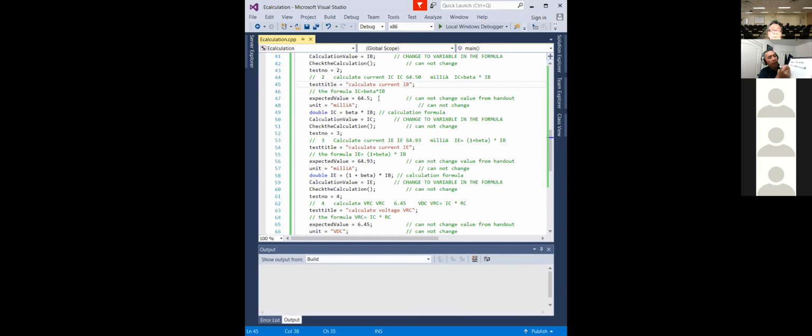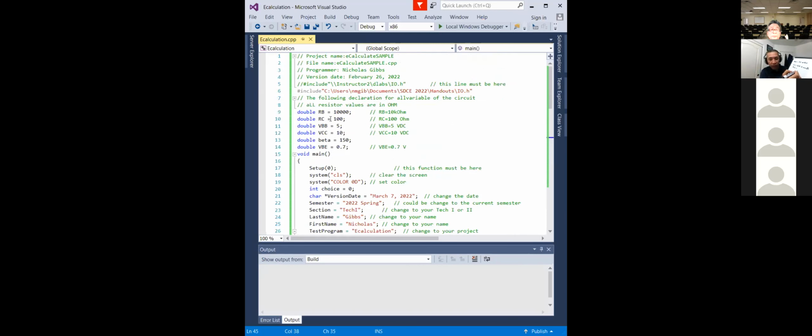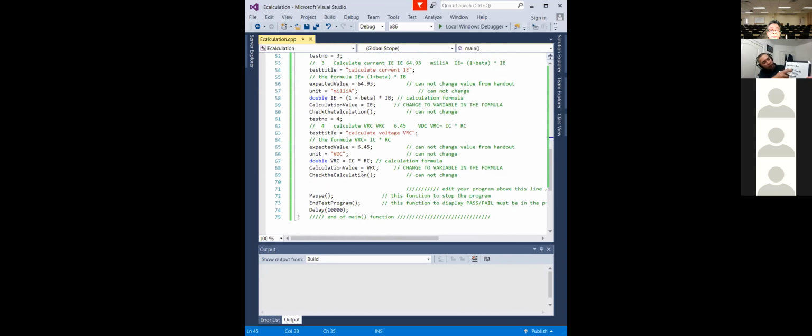Okay, and your RC is defined on the top when you declare it. Yep. And you declare it as 100. Okay, so now you look at VRC. You want the answer to be in volt, right? Yes. So they want it in volt. So therefore we have to convert this IC into amp first. And this one is in ohm.